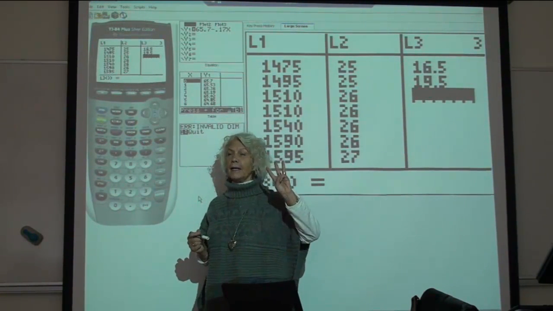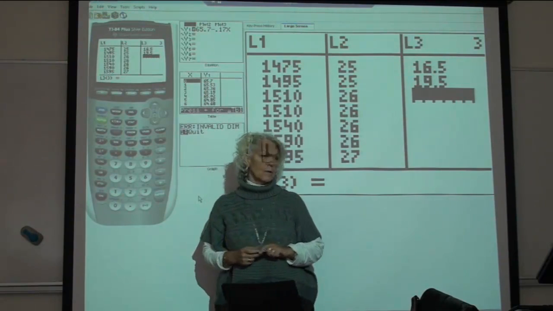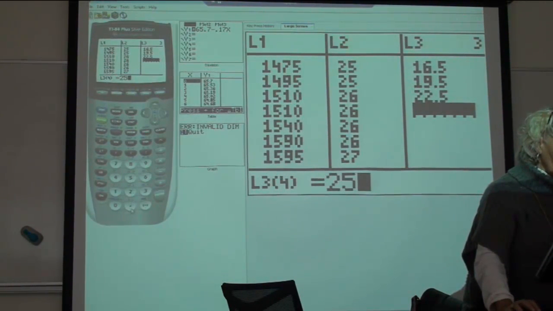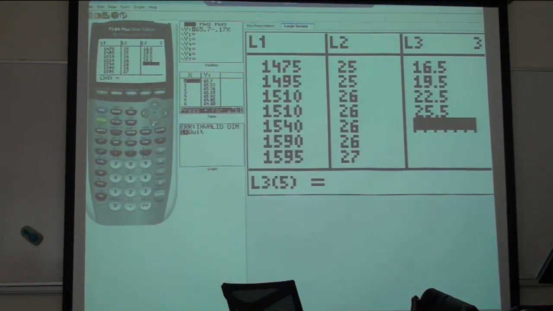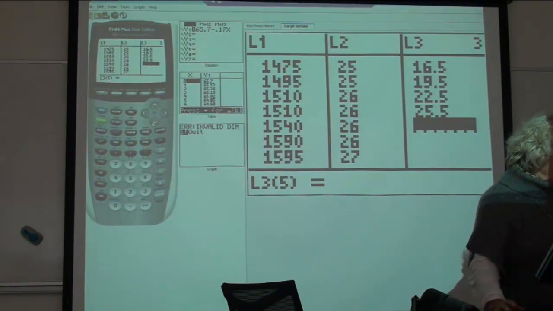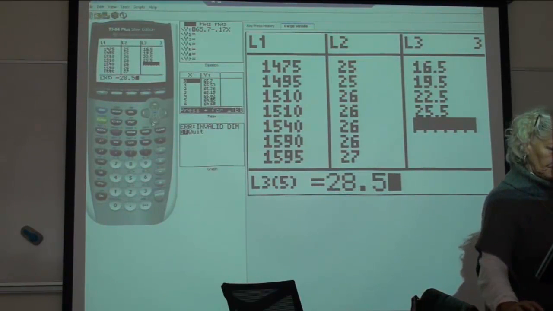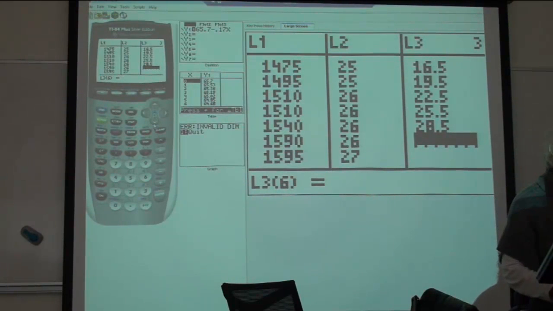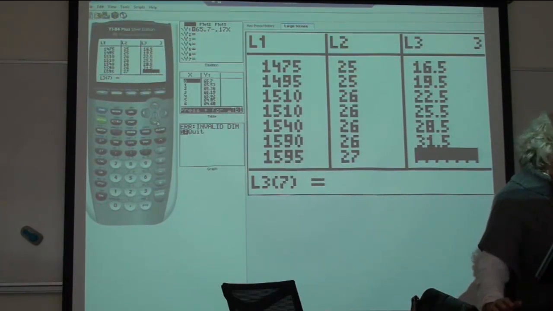So rather than have to add and divide, you can just add 3 to each of them and move down. So the next one is going to be 22 and a half. The one after that, 25. And then 28. And 31. And 34.